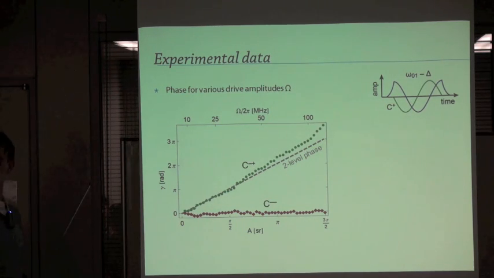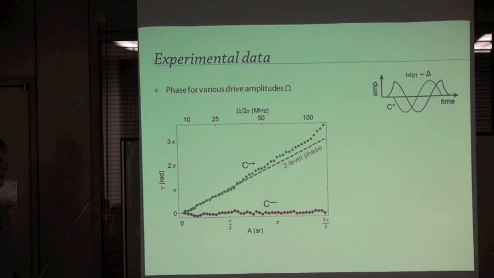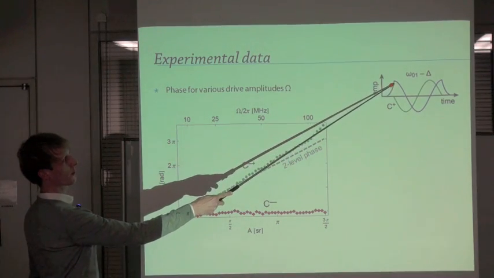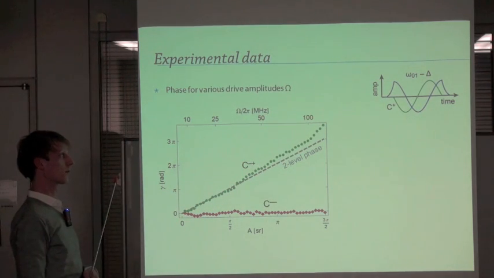So we want to check this dependence. We want to see if the geometric phase is actually half the enclosed solid angle of the B field. So here you see the phase as a function of the enclosed solid angle. So what we do is we do many of those sequences, but change the amplitude of the pulse, thereby changing the enclosed solid angle.